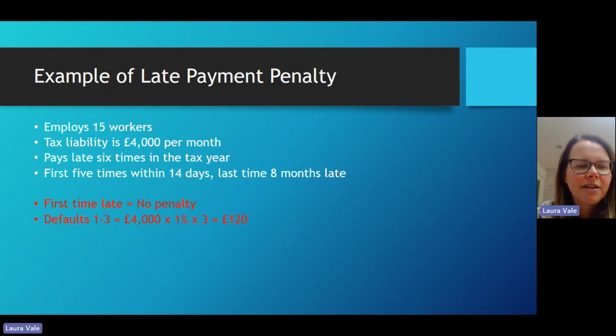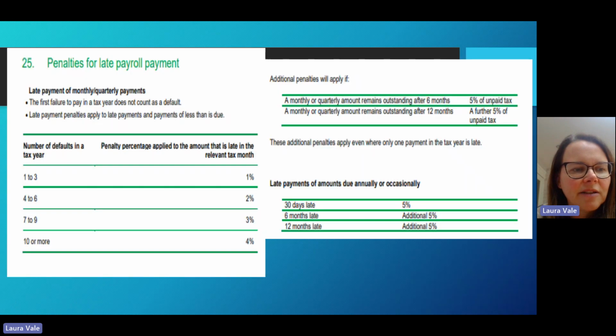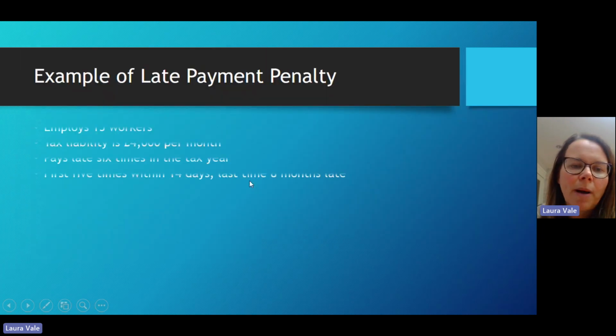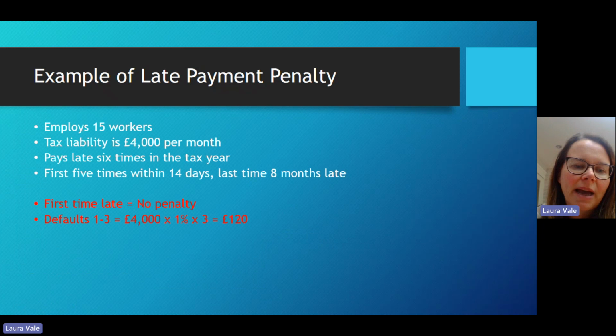The next 3 times, so defaults number 1, 2, and 3, which is the second, third, and fourth time that they're late, they didn't pay the £4,000. And if I go back to that previous slide, you can see that for the first 3 defaults, we pay 1%. So it's going to be 1% of the £4,000.